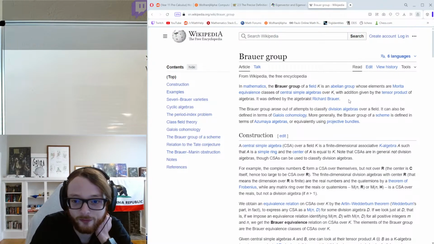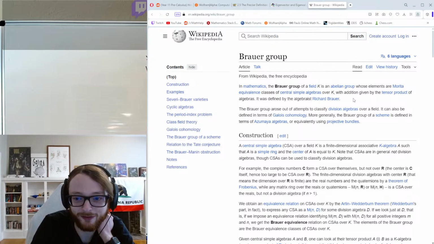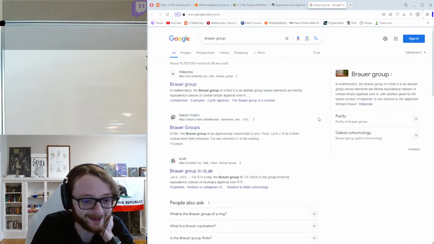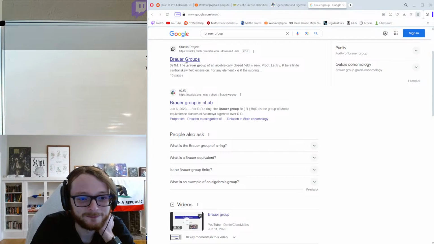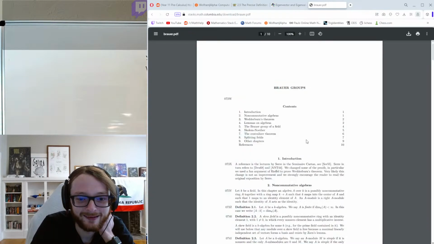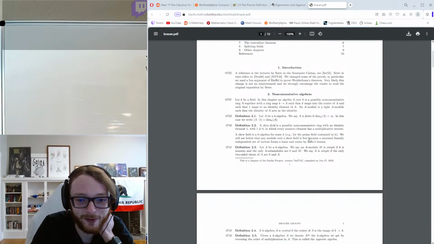Oh, of course, it's an abelian group whose elements are Morita equivalence classes of central simple algebras over K, with addition given by the tensor product of algebras. Okay, that's not helpful for me. To be honest, I probably just don't have the background to even understand what it's talking about.